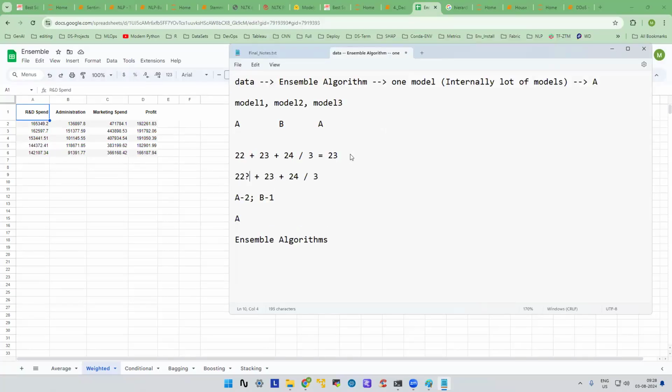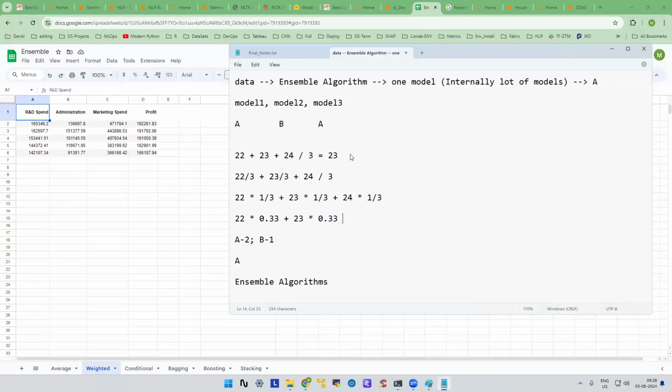But can we write it like 1 by 3? 22 multiplied by 0.33, 23 multiplied by 0.33, plus 24 multiplied by 0.33, which means we are giving 33% weight to everything. So equal weight. That is for the normal average.